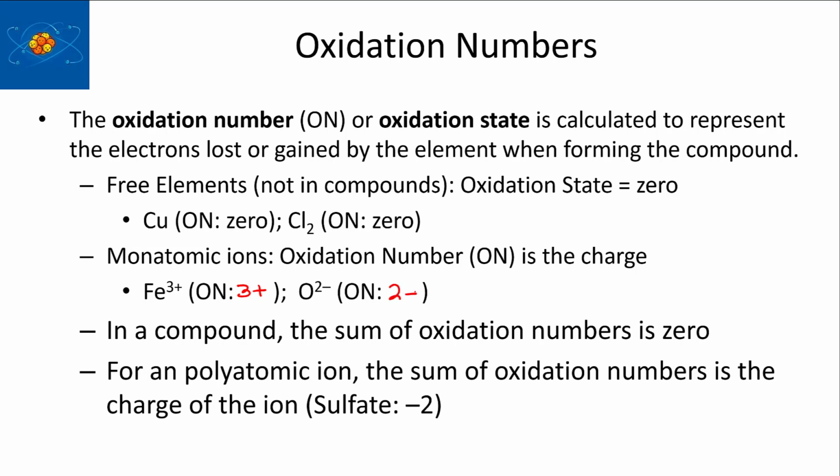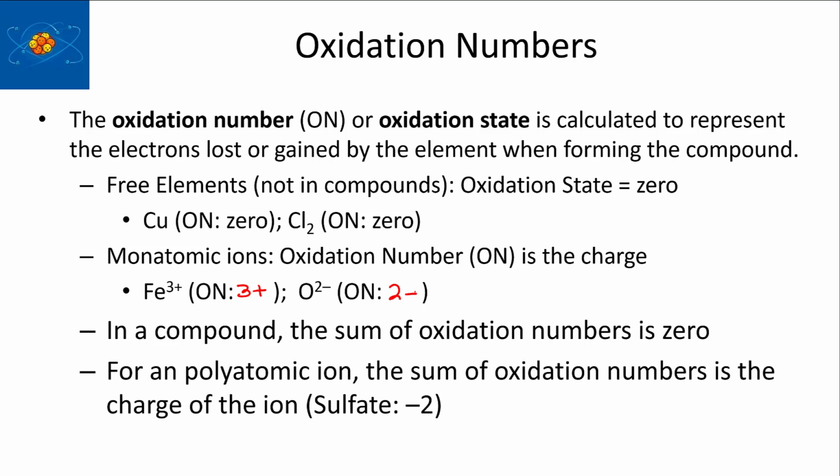Now, in a compound or a polyatomic ion, the sum of the oxidation numbers is the charge of that substance. So for compounds, that charge is 0, but for polyatomic ions, it's whatever the charge of the ion is.